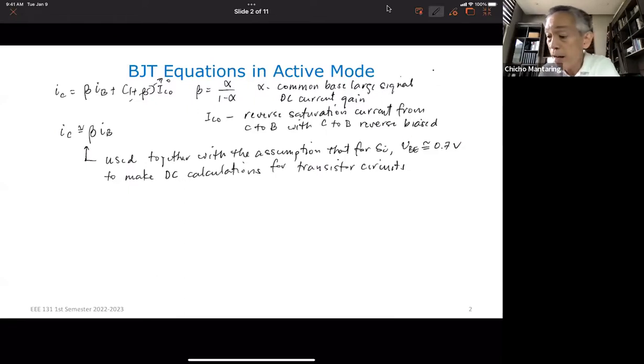Okay, we derived this last module. We derived an expression for I sub c in terms of VBE. So we said that I sub c is equal to I sub s e to the VBE over v sub t. So this is based on the Shockley model.